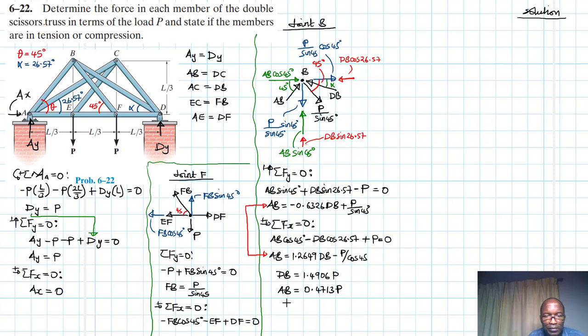Great, this is fine. These are promising values. So we found dB, we found AB.